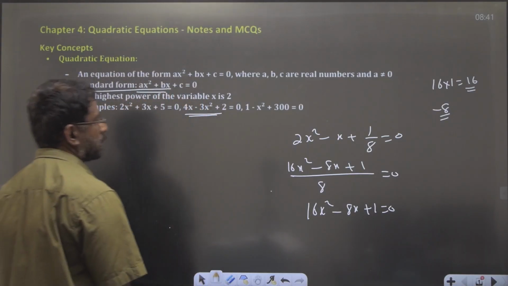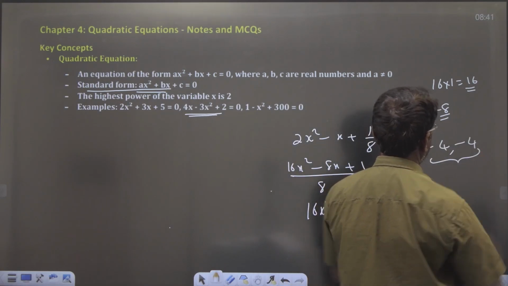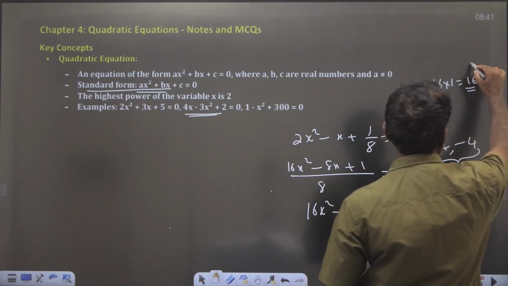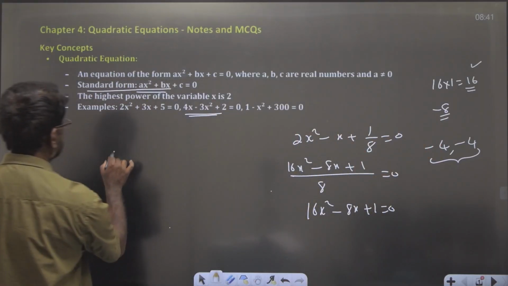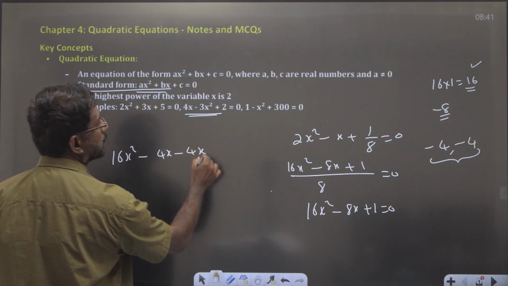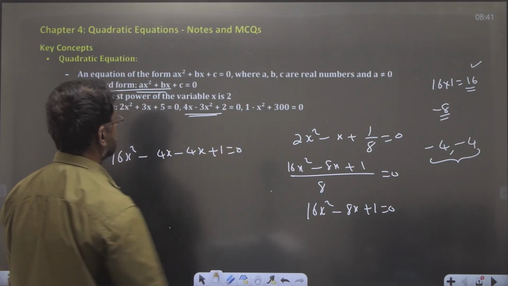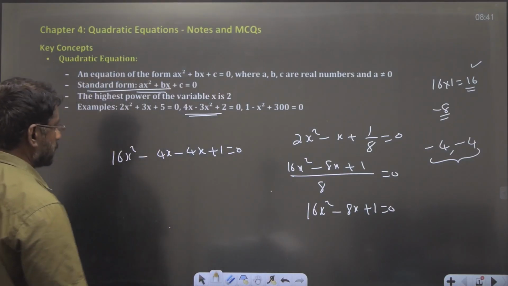Such numbers are minus 4 and minus 4. Minus 4 into minus 4 is 16, and minus 4 plus minus 4 is minus 8. So we can split like this: 16x square minus 4x minus 4x plus 1 equal to 0.